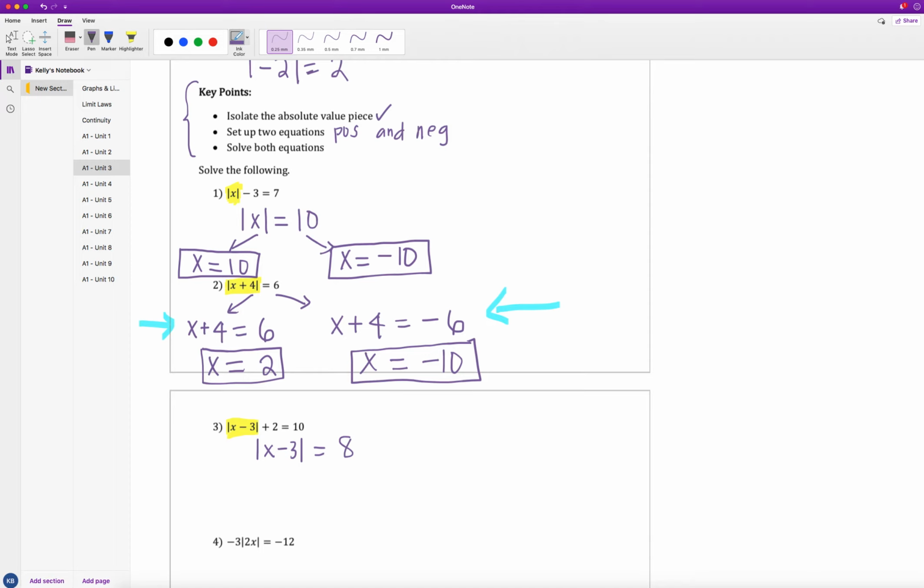Now that the absolute value piece is isolated, I can split this into the 2 equations. So I have the first case where I have x minus 3 equals positive 8. So this is the case where the absolute values just drop out and we get the positive 8. And the other case where I have x minus 3 still, so the x minus 3 does not change, equals the -8. So the second case is where the absolute values drop out and it is equal to the negative number there.